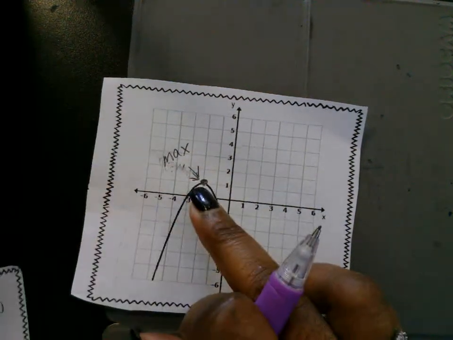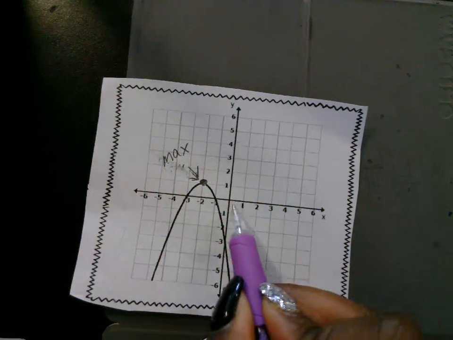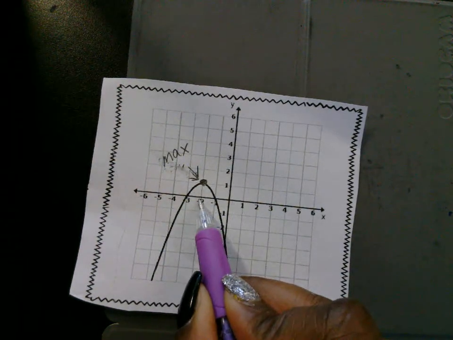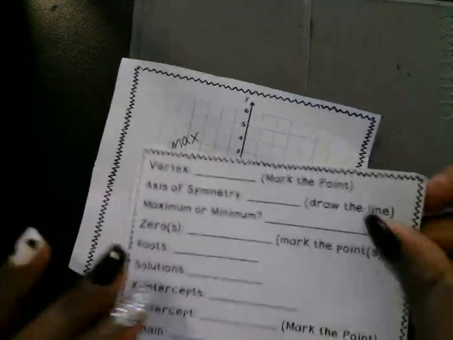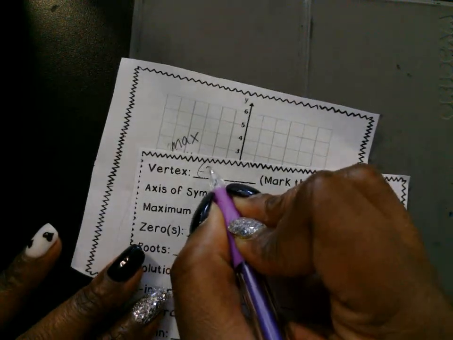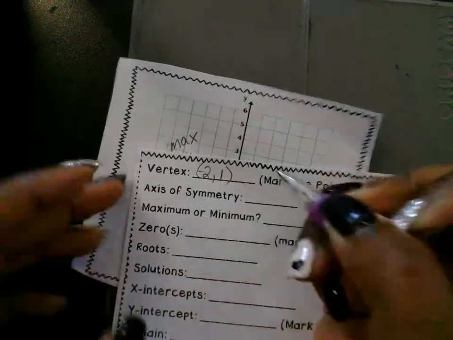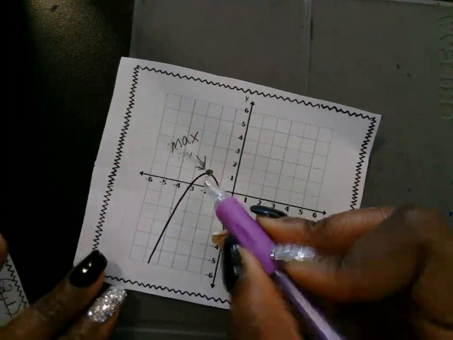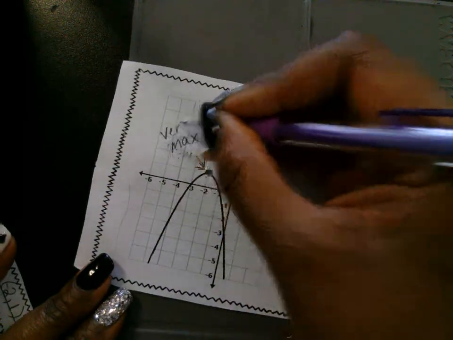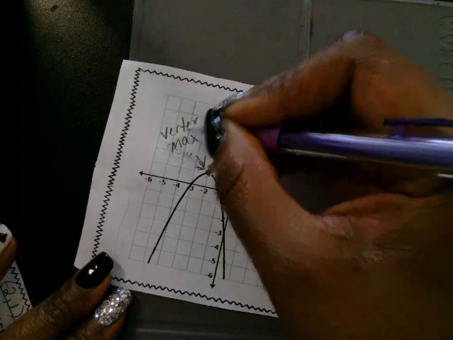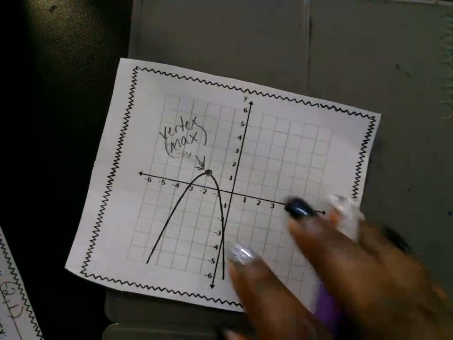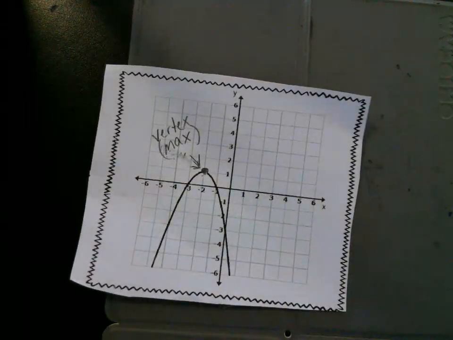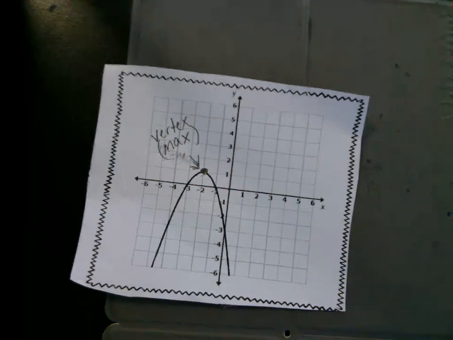So what ordered pair is this vertex? Negative 2 and 1. This is the maximum value, but it's also the vertex. Any questions about the vertex?